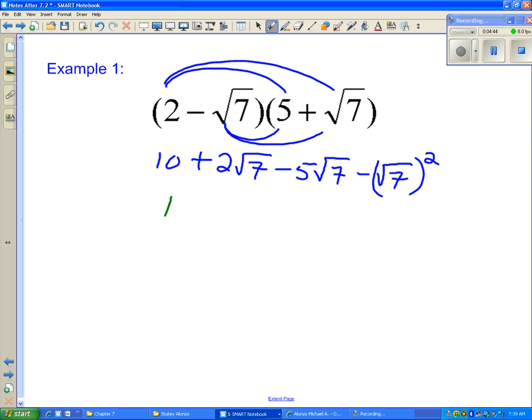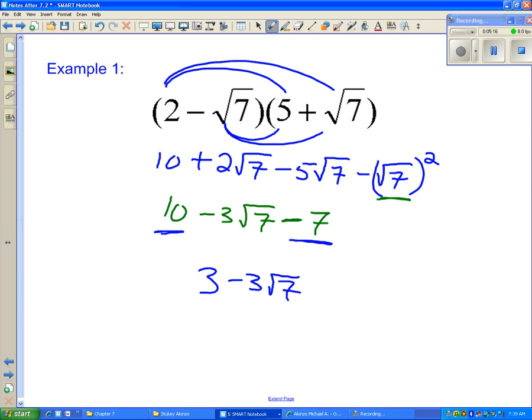Well, the 10 stays 10. 2 square root 7 minus 5 square root 7 is negative 3 square root 7. Square root 7 squared, the square and the square root cancel, so 7 comes out, and then I have a negative. So then I need to combine my like terms. My like terms happen to be the 10 and the 7, my constants. 10 minus 7 is 3, minus 3 square root 7.